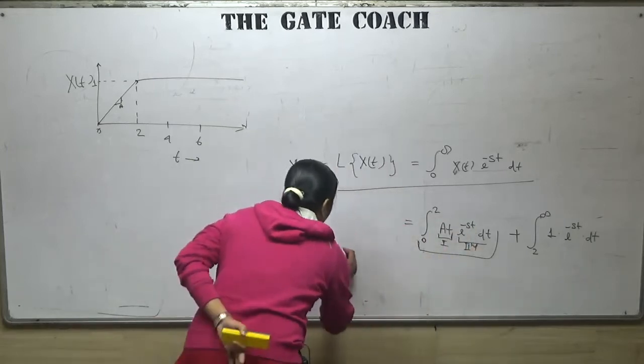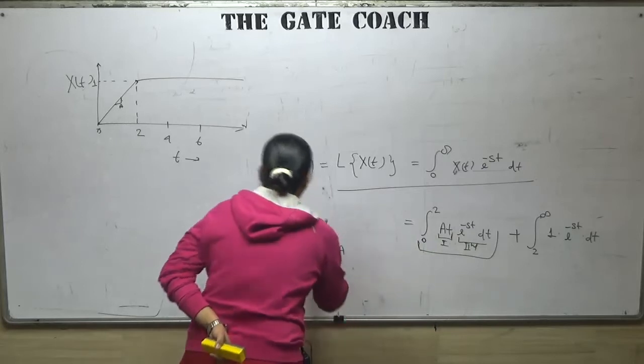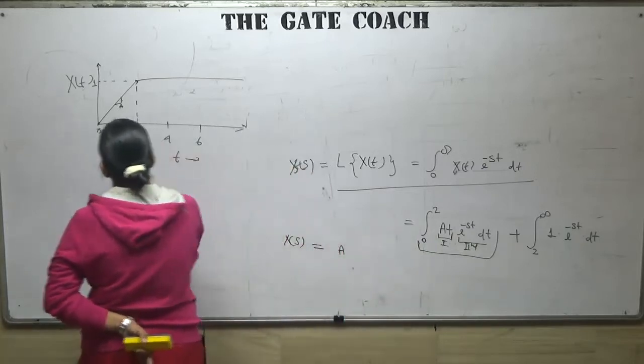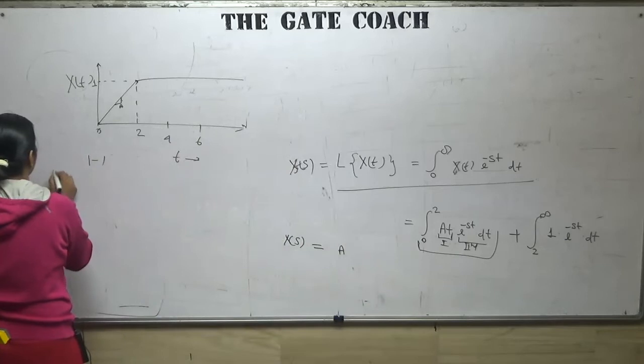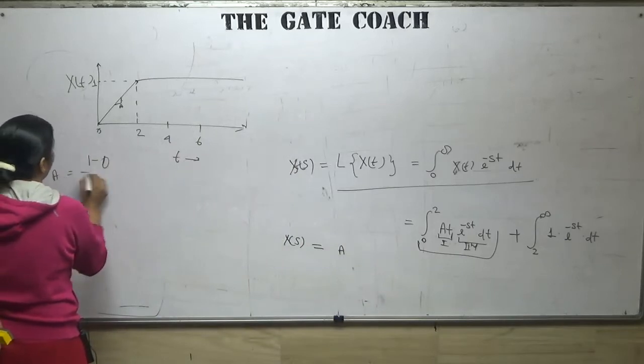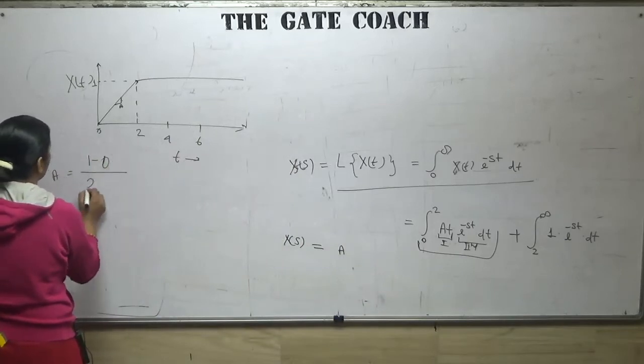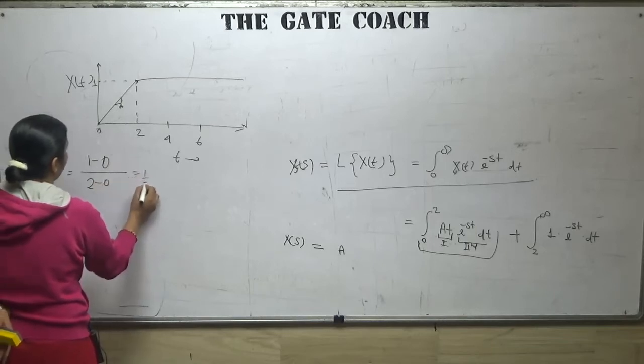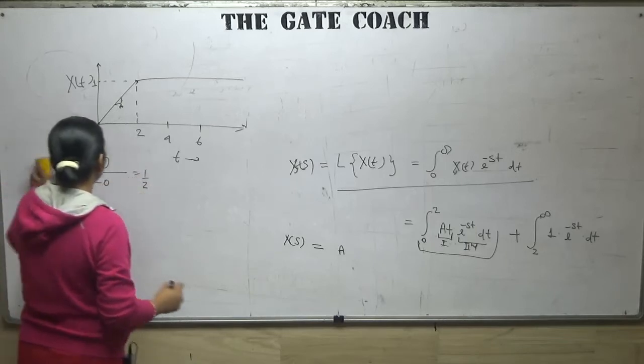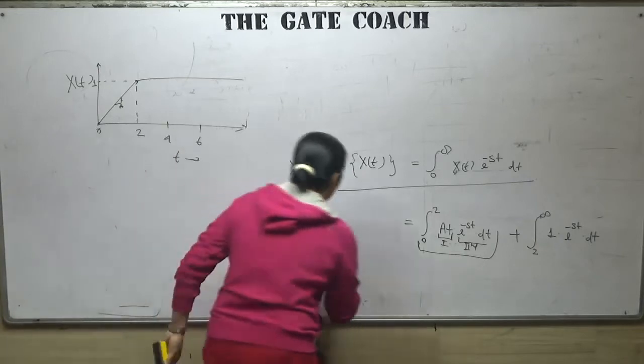You calculate the value of slope a. How to calculate? (y2 minus y1) upon (x2 minus x1), that is 1 by 2, right? That is 1 by 2.